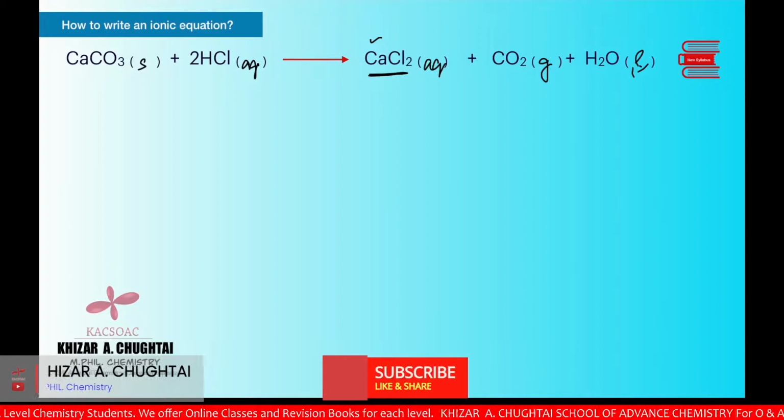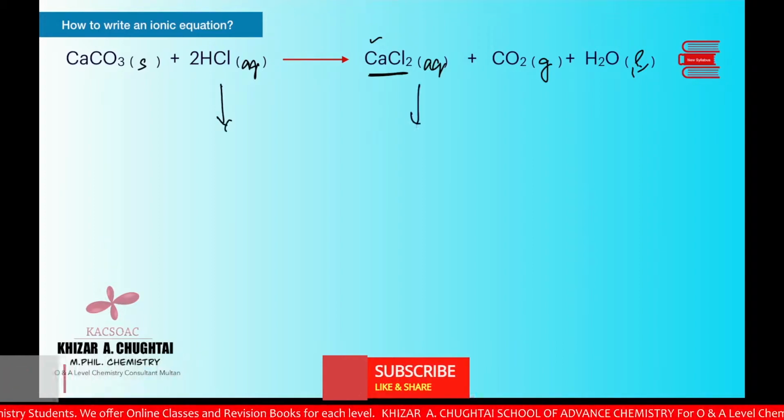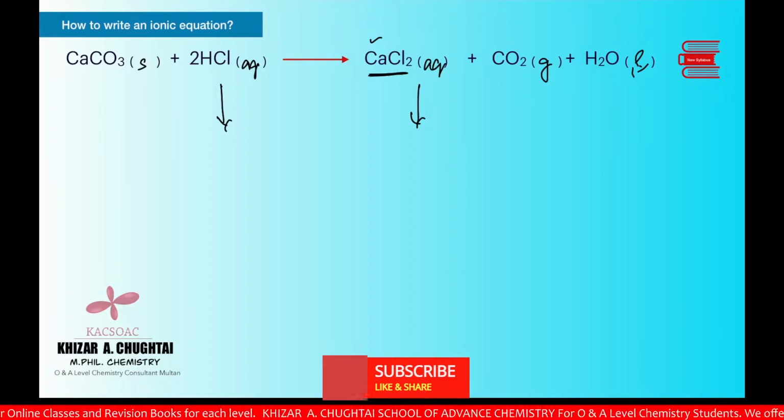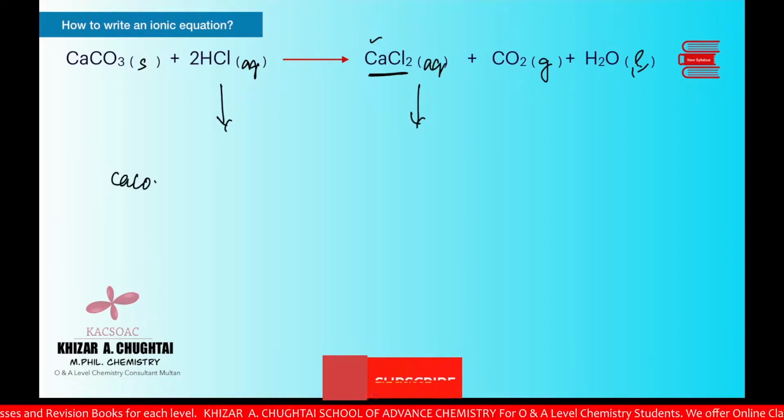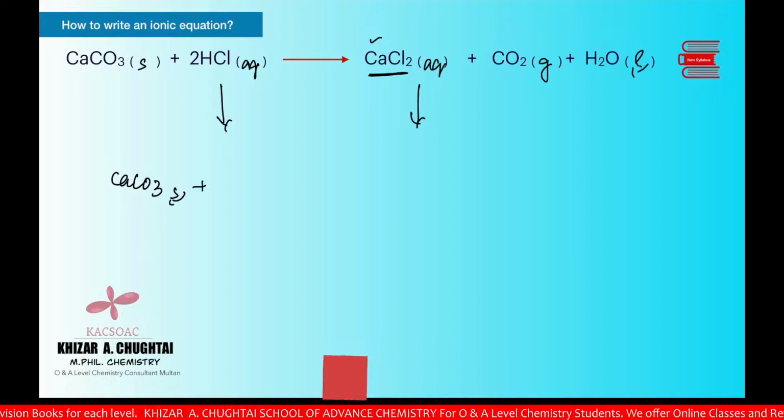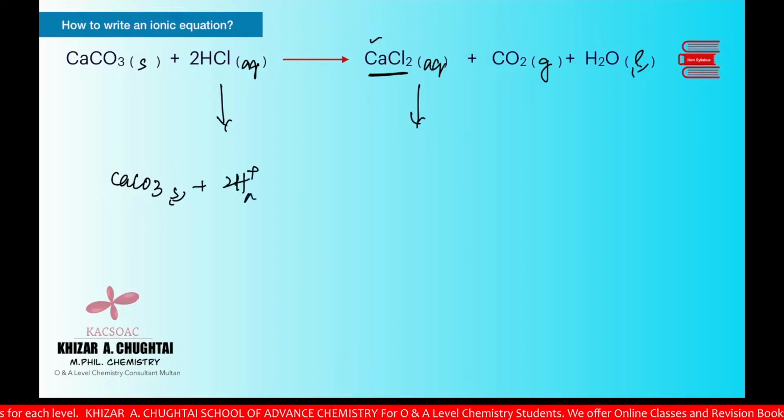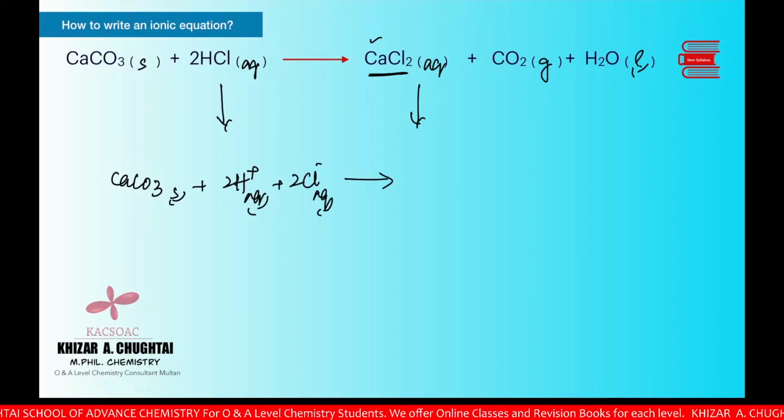The next step is to make aqueous into the ions if there is the possibility of formation of ions. So calcium carbonate CaCO3 solid plus 2 moles of H positive ion aqueous plus 2 moles of Cl negative ion aqueous goes to Ca2 positive ion aqueous.